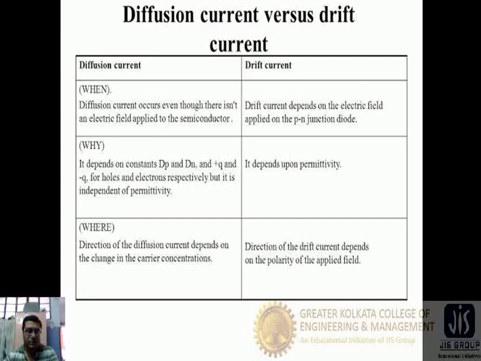Diffusion current depends on the diffusion constants Dp and Dn, and drift current depends upon the mobility. Diffusion current is independent of mobility, and drift current is dependent on mobility. We can see the difference between the diffusion current and the drift current in this chart.